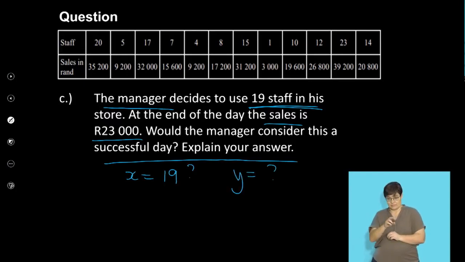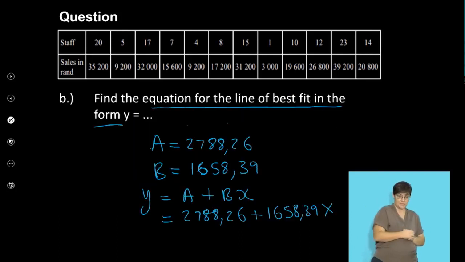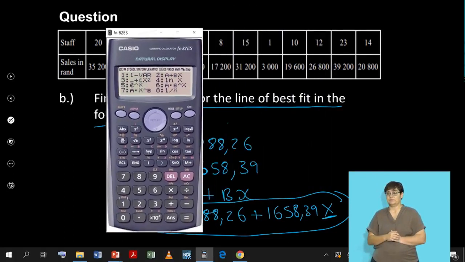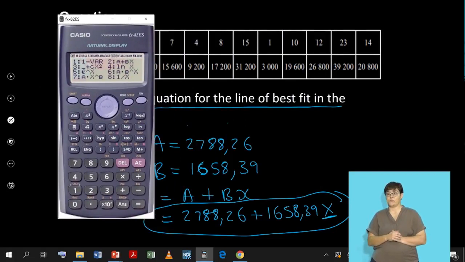Are we all together? We have our regression model on the previous page. Let's go back and use it from there. I'm going to use my calculator. Where I see X, I'll put 19. Let's clear everything.